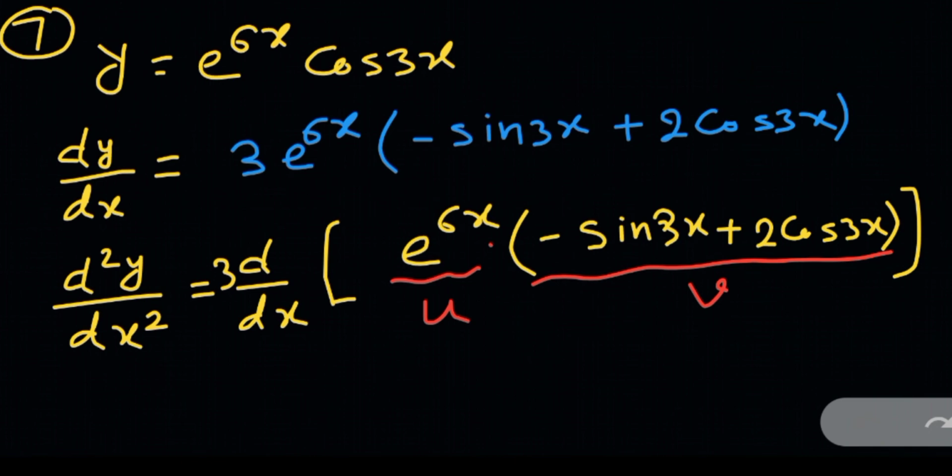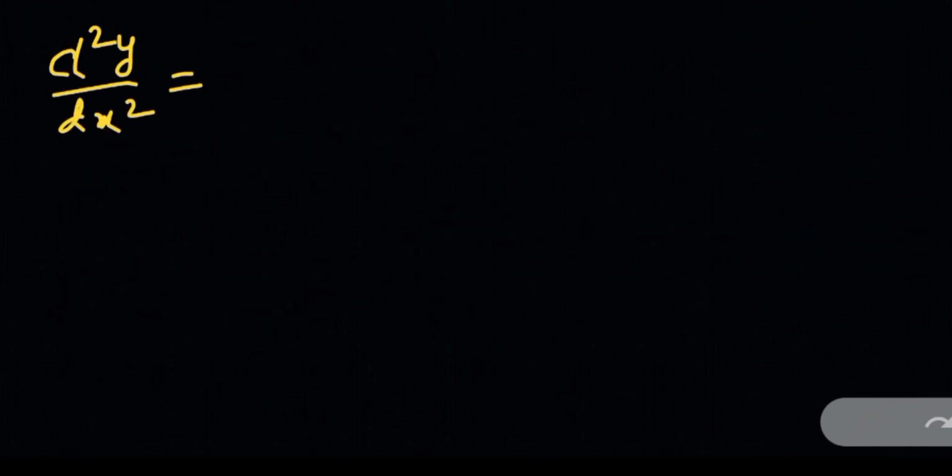So I am writing here d2y upon dx square we will find. It will be 3 outside, and the rest everything I will write in the bracket. The u into v formula I will apply.